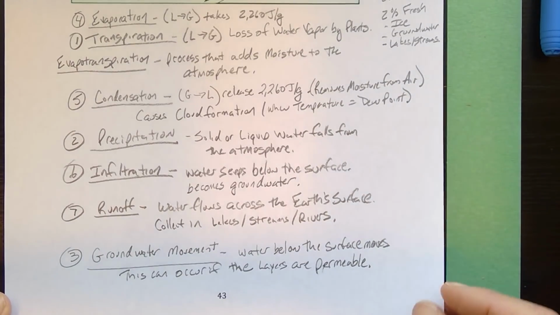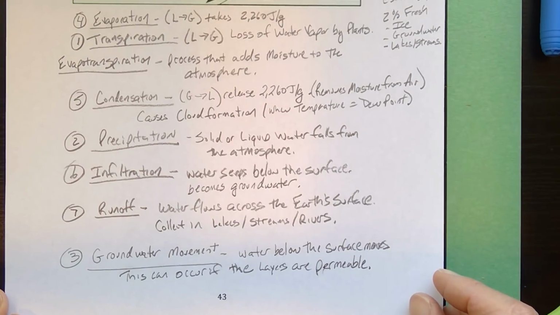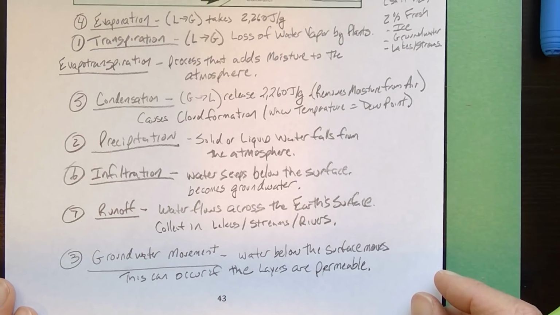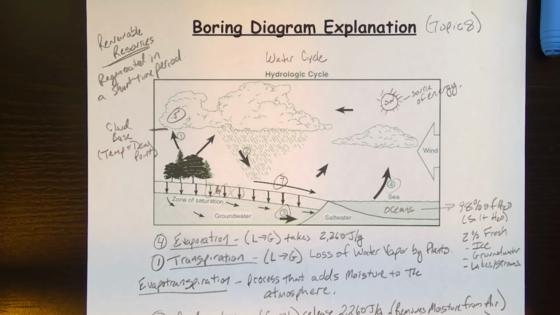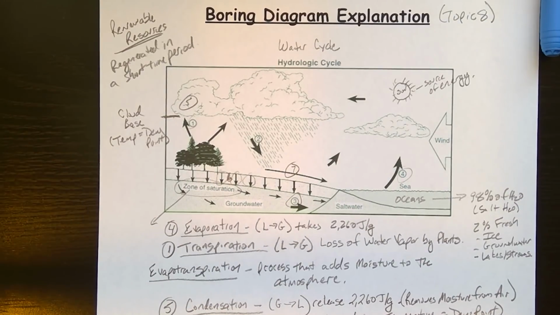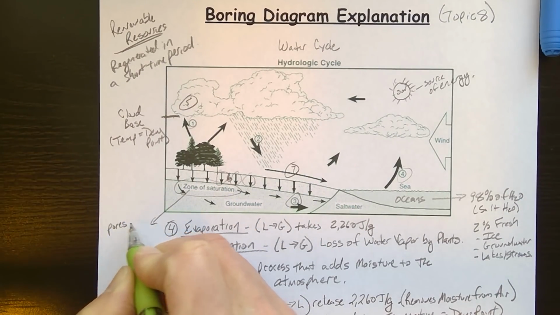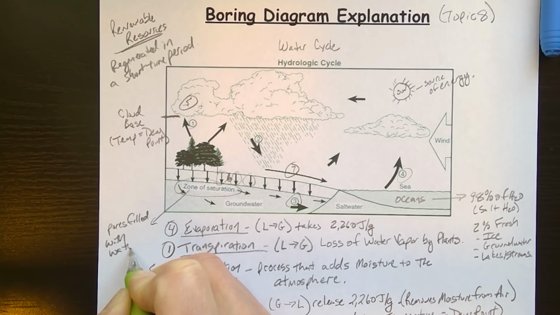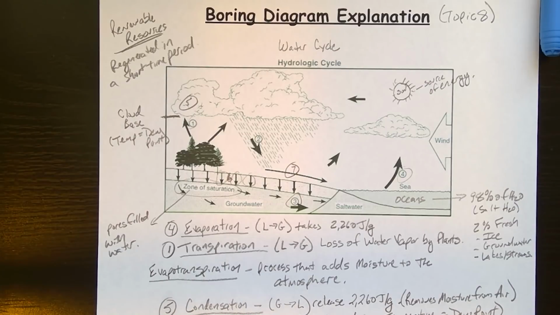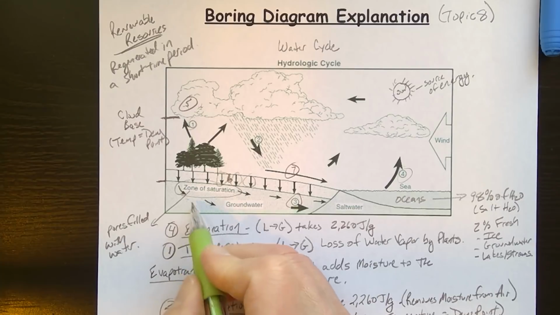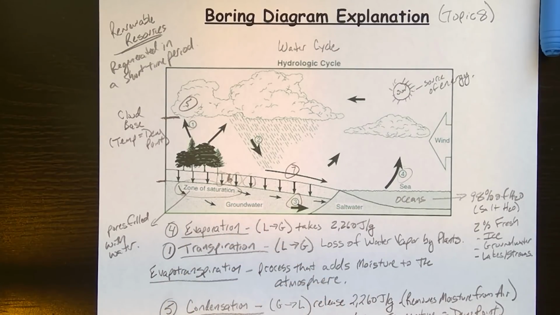Looking at the model up top, you'll see they've sort of indicated two areas. One is called the zone of saturation. So if I go back to the diagram, up here, the zone of saturation has the pores filled with water. So below the boundary in between these zones, the spaces are completely filled with moisture.